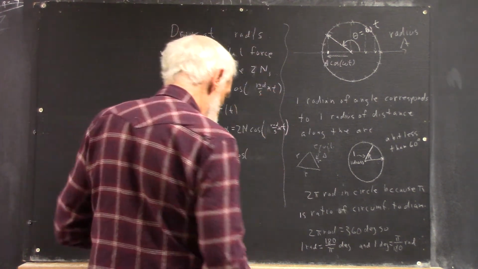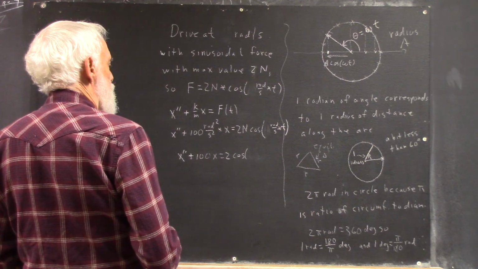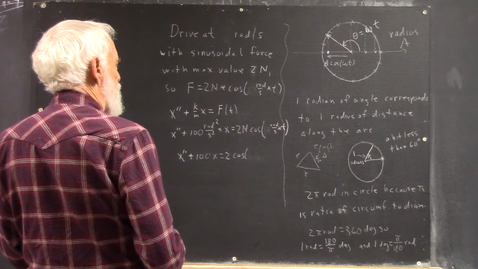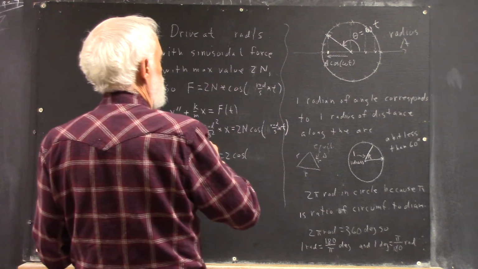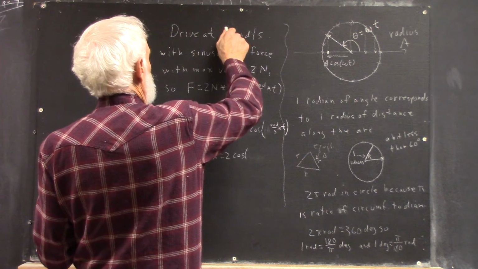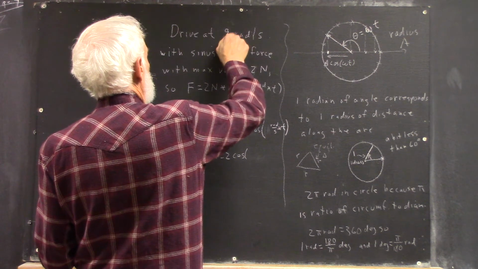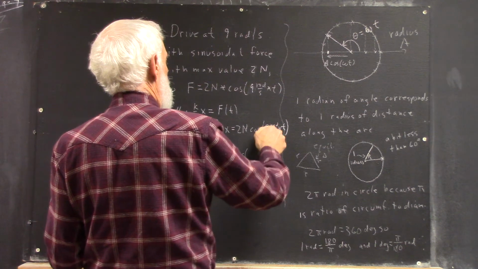So I'm going to use a multiple of pi that's close. Actually, that's not a multiple of pi. I like multiples of pi, but I'm just going to go ahead and use 9.